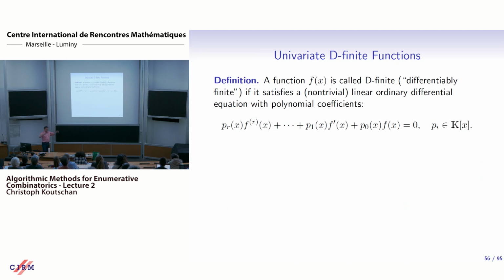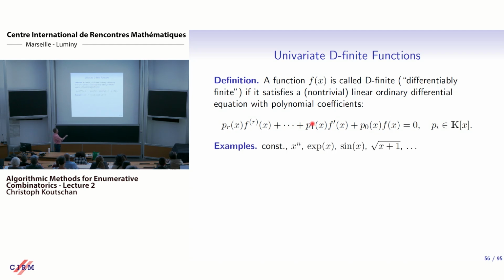I introduce a few basic notions that maybe you anyway know, so maybe we can go quickly through this. A function f of x is called D-finite, differentiably finite according to Stanley, if it satisfies a non-trivial linear ordinary differential equation with polynomial coefficients.